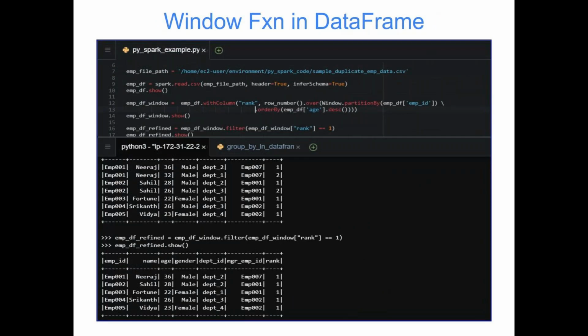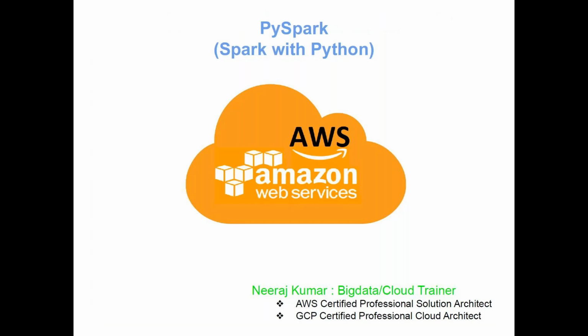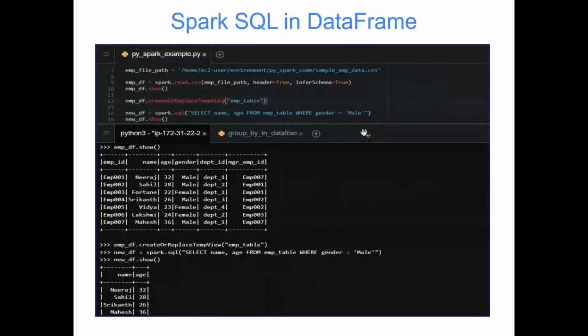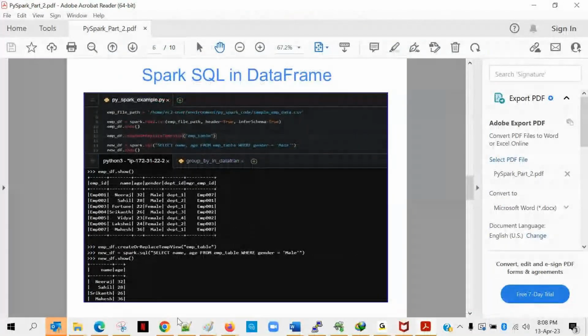It seems like there is some slide missing, because as per the agenda there is aggregate function. Anyway, I will tell you what an aggregate function is. Count is one of the aggregate functions when you are aggregating, and count is not the only one. You can do min, you can do max, you can do average, all these things you can do. If you want, I can show you that. Those are your aggregate functions.